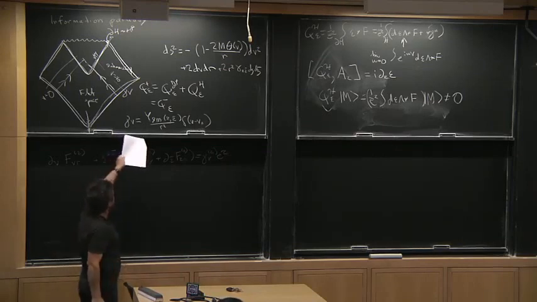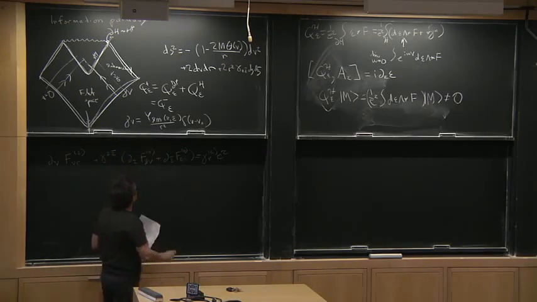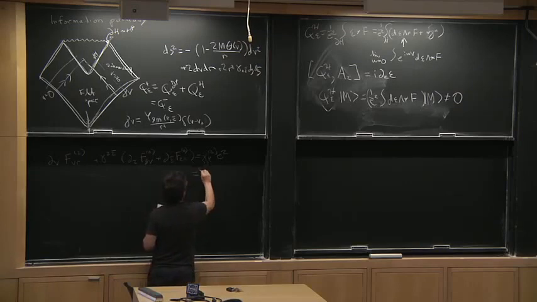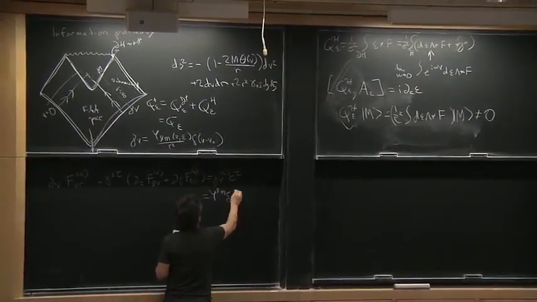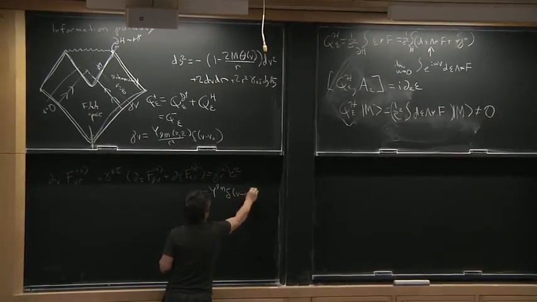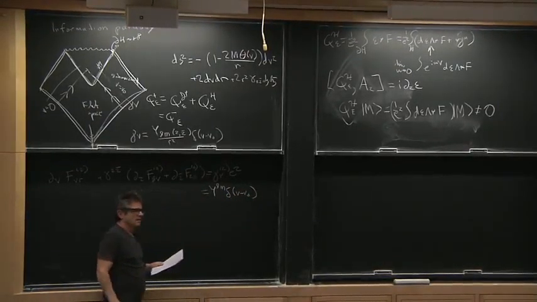J_v squared is just the 1 over r squared component. So this is just equal to Y_lm delta of v minus v_0.